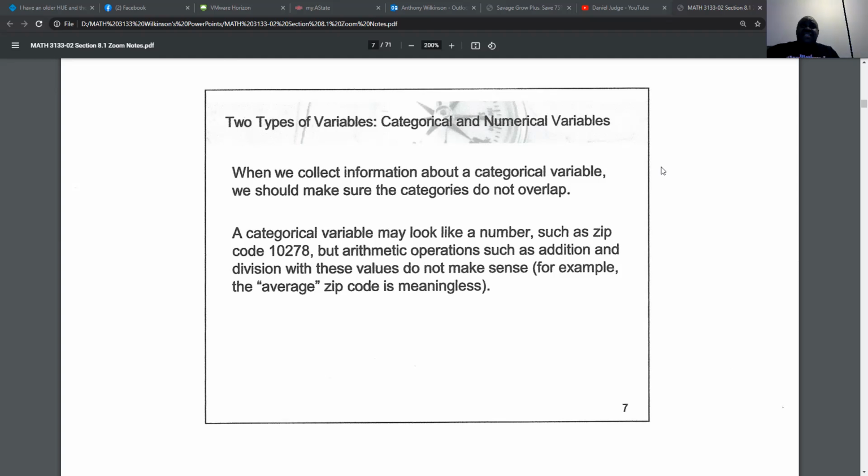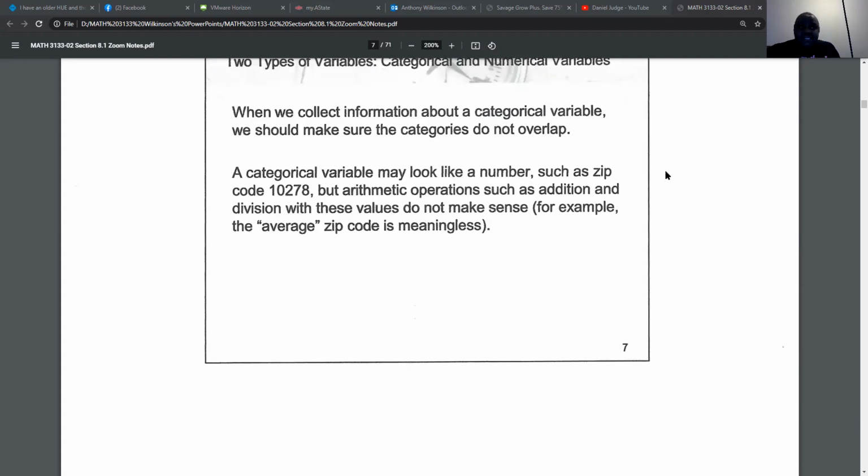Also, student IDs are considered to be categorical variables because the student ID number just identifies who you are, just like a social security number identifies who you are. Okay. So we can't compare social security numbers and we can't compare student ID numbers arithmetically because those are meaningless.